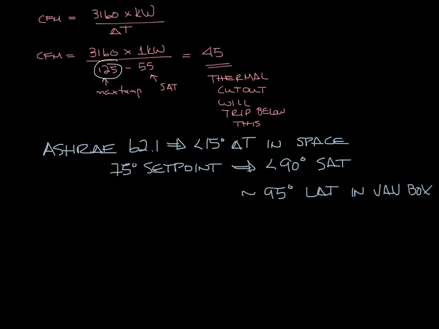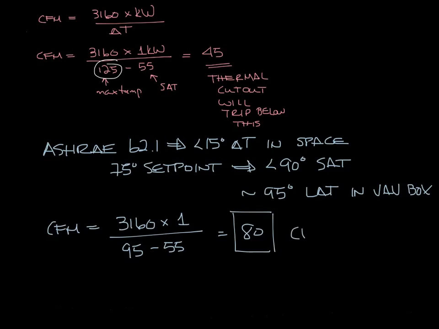And let's do our CFM calculation again now. CFM equals 3160 times 1 kW divided by 95 minus 55. And that equals 80 CFM, or again, since it's 1 kW, 80 CFM per kW. Because of this, we recommend that you have at least 80 CFM per kW in electric heat applications.